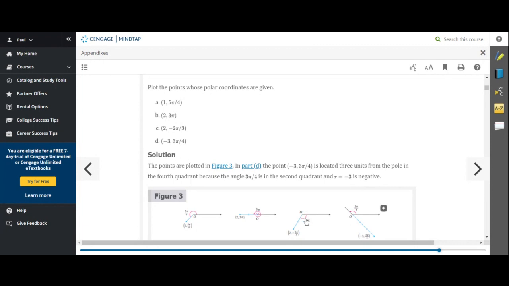You go clockwise because it's a negative angle, and you go out -120 degrees clockwise. And then you look in that direction and move a radius of 2. Are there any questions on the third one? The third polar coordinate, 2, -2 pi over 3.